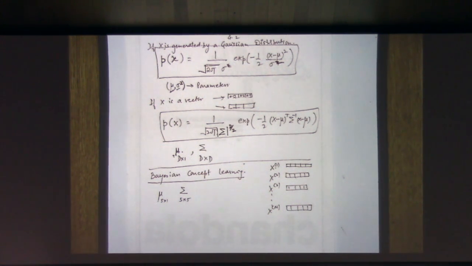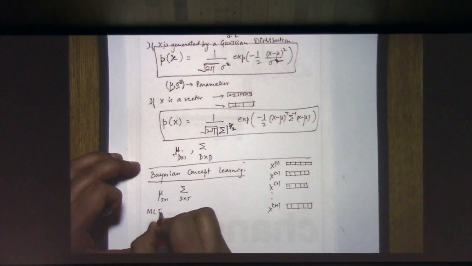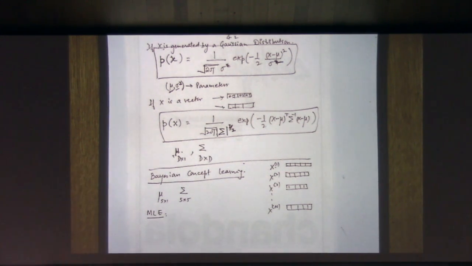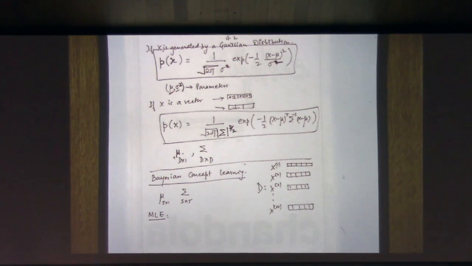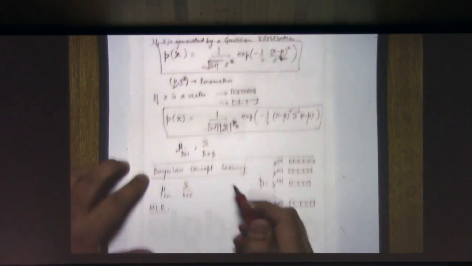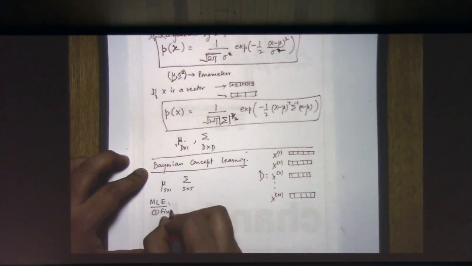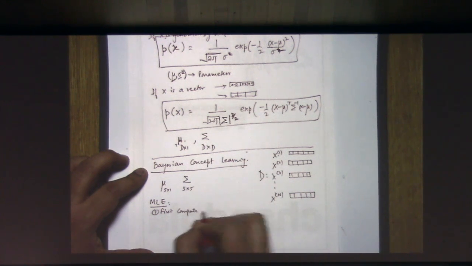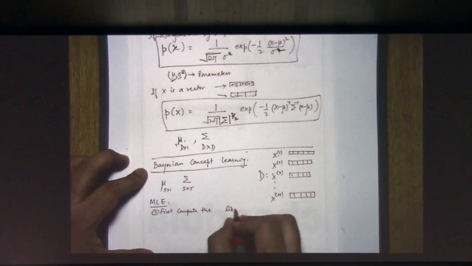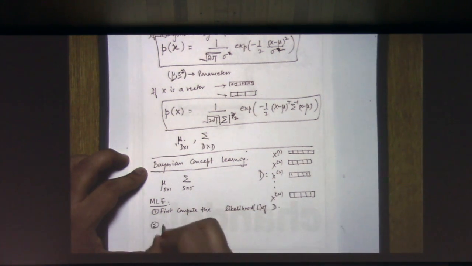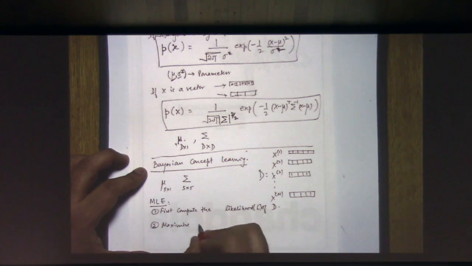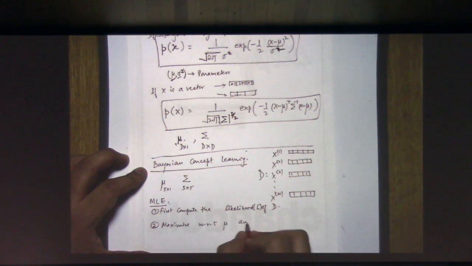The answer is pretty simple. We can first apply the maximum likelihood estimation procedure. According to the maximum likelihood procedure, what we need to do is first compute the likelihood of the data set. This is our data set, D. We compute the likelihood, usually called L of D, and then maximize with respect to mu and sigma.